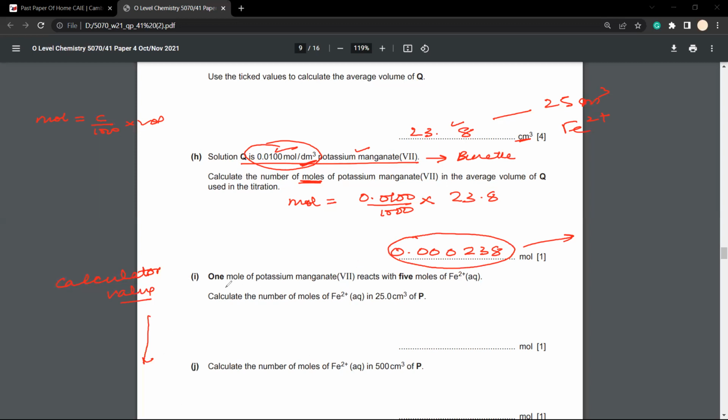Now in the next step we know how many moles of KMnO4 are coming from 23.8 cm³ of KMnO4 which are neutralizing 25 cm³ of my iron 2 solution.